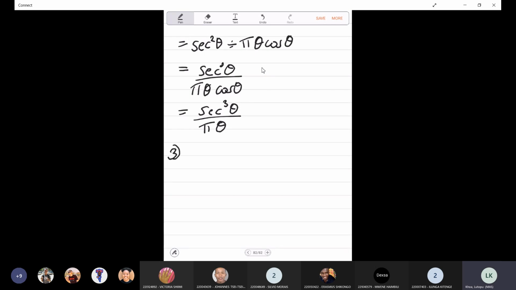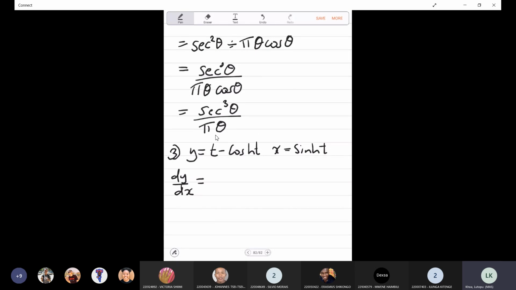Another one, we have y is equal to t minus hyperbolic cos of t, and x is equal to sine hyperbolic of t. So we want dy dx. So we say this is dy dt.